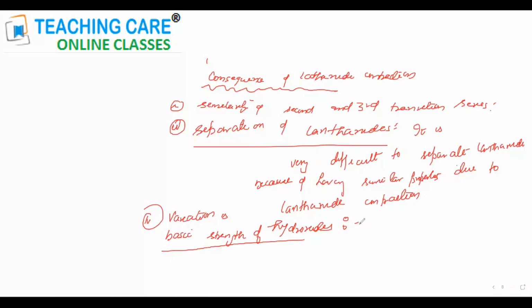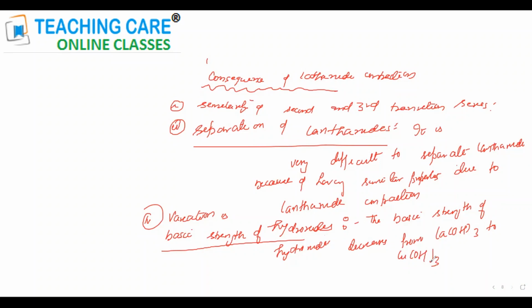The basic strength of hydroxide basically decreases from lanthanum hydroxide to lutetium hydroxide. And this is due to lanthanide contraction.